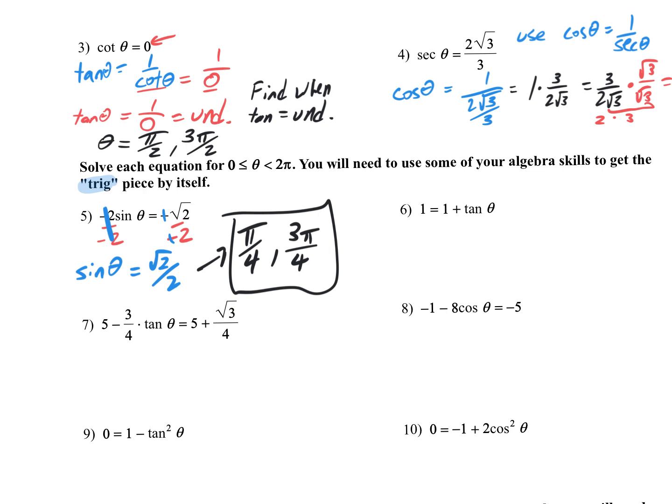Okay, let's see if we can do something with number 6. What do you think we need to do to get our trig piece by itself? Hopefully you came up with that we're going to subtract 1 from here. And so when I subtract 1, I'm left with something along these lines. 0 equals tangent theta. And so now that it's by itself, I'm again ready to go to my circle. Once again, take a second, see if you can find it yourself. Where is tangent equal to 0?